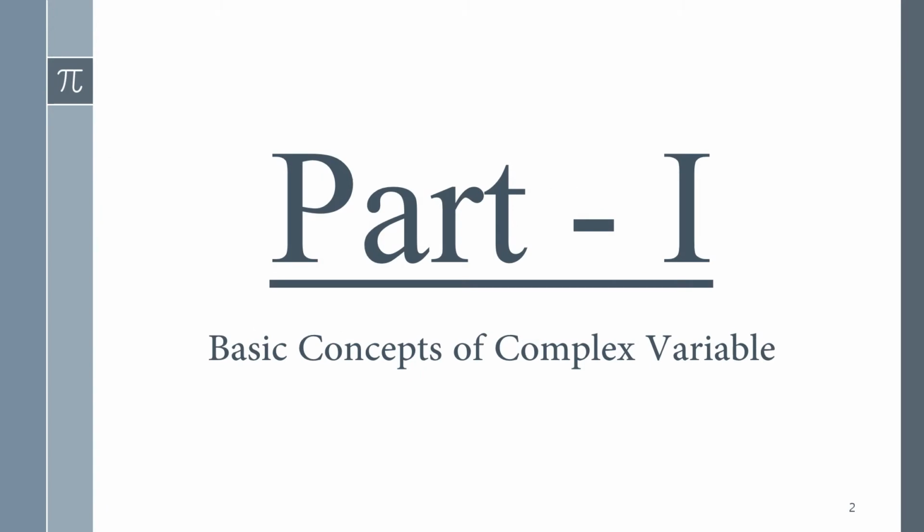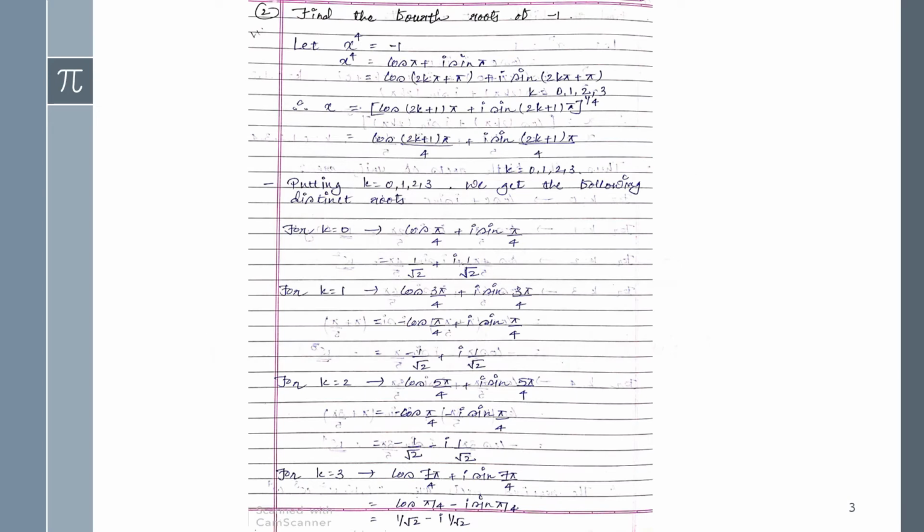So previously we did only one example of roots of complex variable, so now we are doing more practice of this. Here I have written a second example: find the fourth roots of -1.